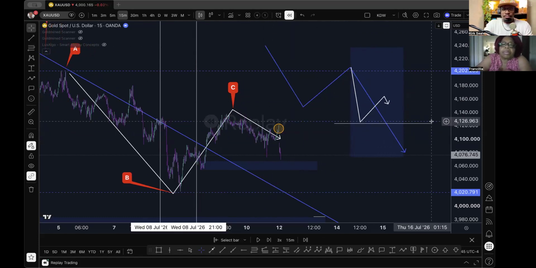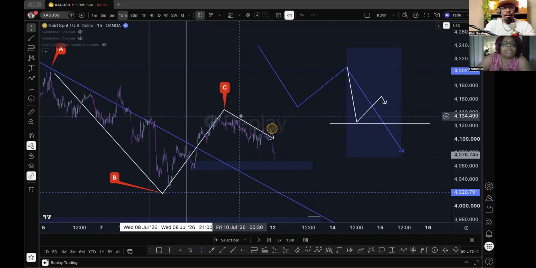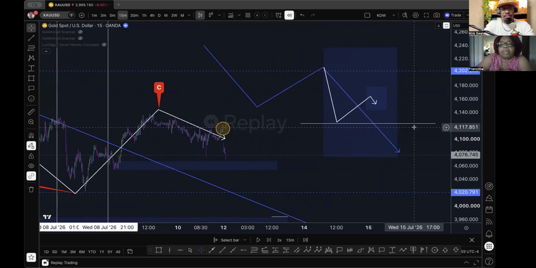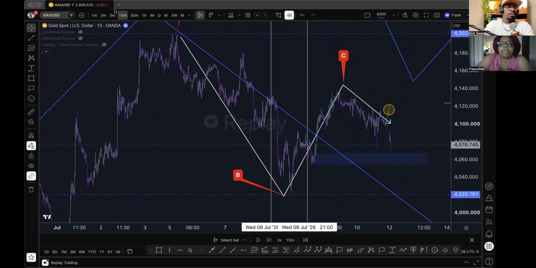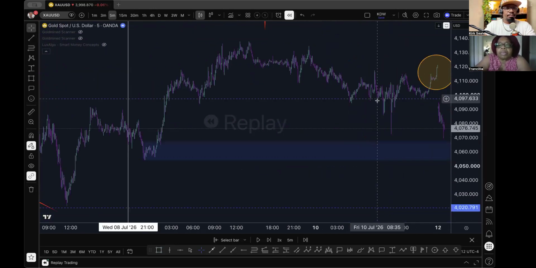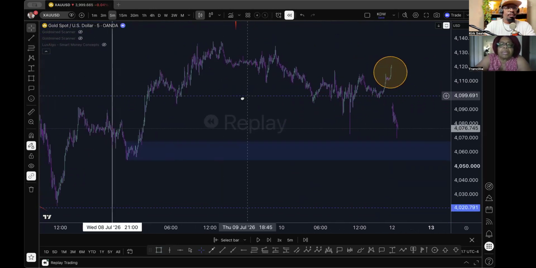So what can we do? We can go to a lower time frame to focus on that area where we're at right now, which is right here. So instead of looking at this whole area, we're just gonna focus into where price is right now. All right.